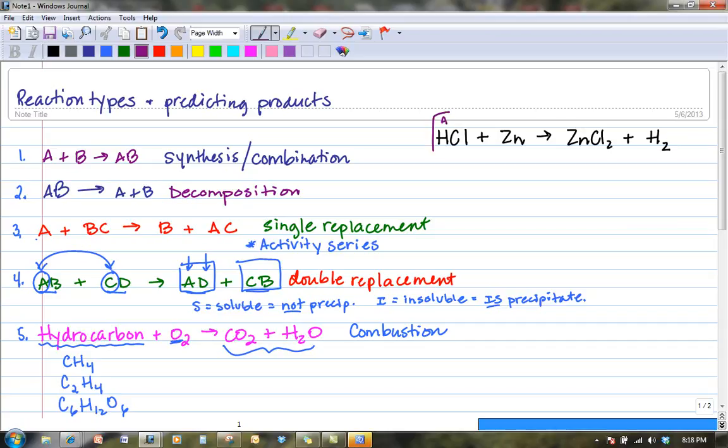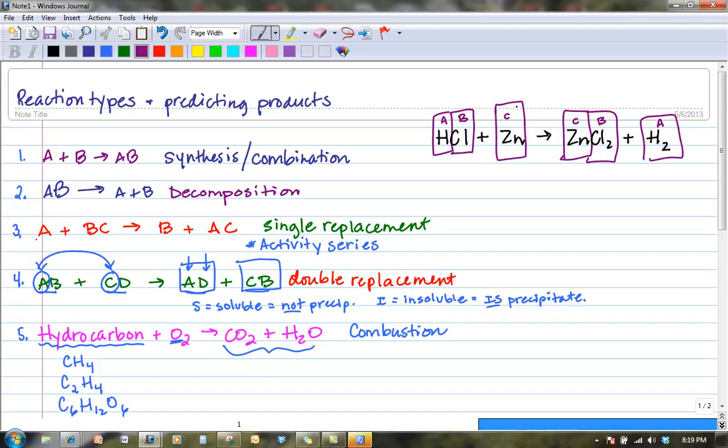So, hydrogen is going to be A, chlorine is going to be B, and zinc is going to be C. And then over on this side, I have C, B, plus A.